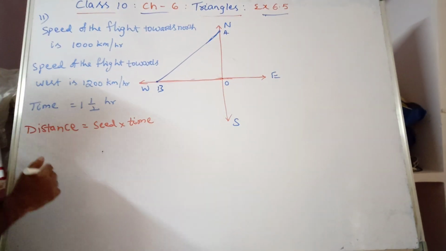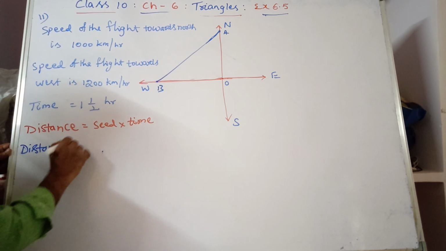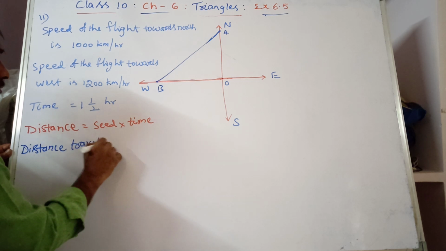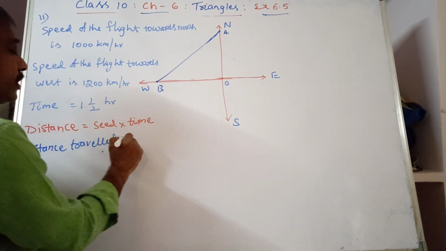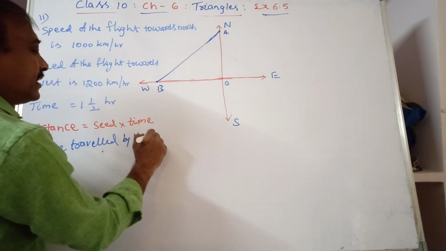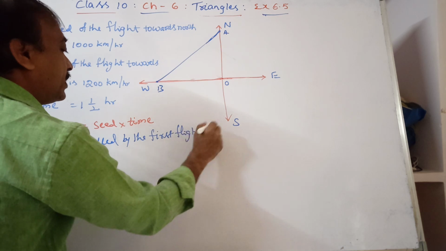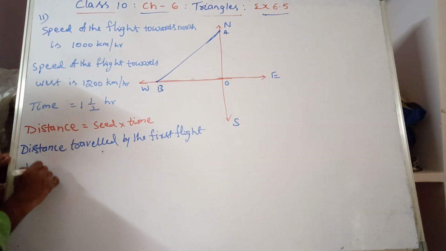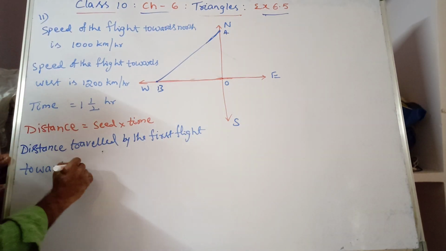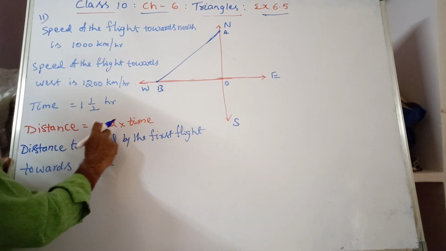So let us take the distance traveled by the first flight towards north, which is equal to speed into time.